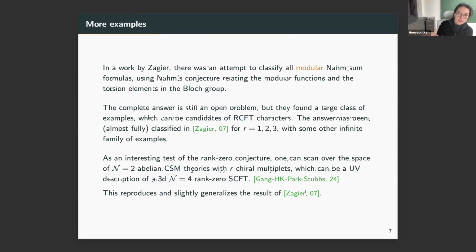There are many different matrices K that make this chi a modular function, but many of them fall into the same duality class, and it turns out that there are only 8 or 9 different duality classes that we obtain, and these are all known types. In Zagier's paper, they don't explicitly describe precisely which vertex operator algebra this modular function corresponds to. And we found some other matrices that didn't appear in his classification, but this vertex operator algebra is not something new.